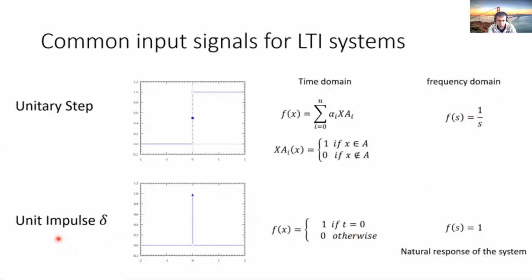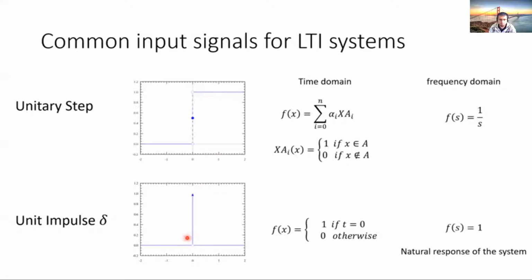On the other hand, the unit impulse, as you can see here, is just the Dirac delta function, which has only a small impulse at t equal to 0. That impulse is equal to 1. This is the time domain representation. Basically, it is 0 for all the other times, but here we only have one step. This is the difference regarding the unitary step: once we reach the new state, the unitary step keeps that state as t goes to infinity.